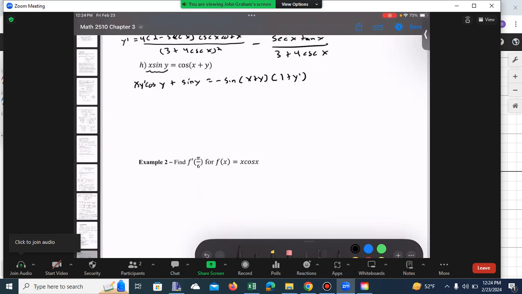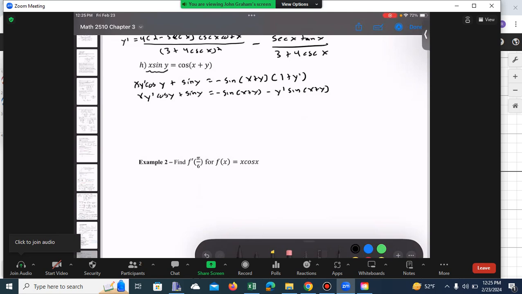It's going to take some algebra. We'll have to distribute first a negative sine x plus y minus a y prime sine x plus y. So I distributed the x plus y on the negative side. And this stays the same for now.